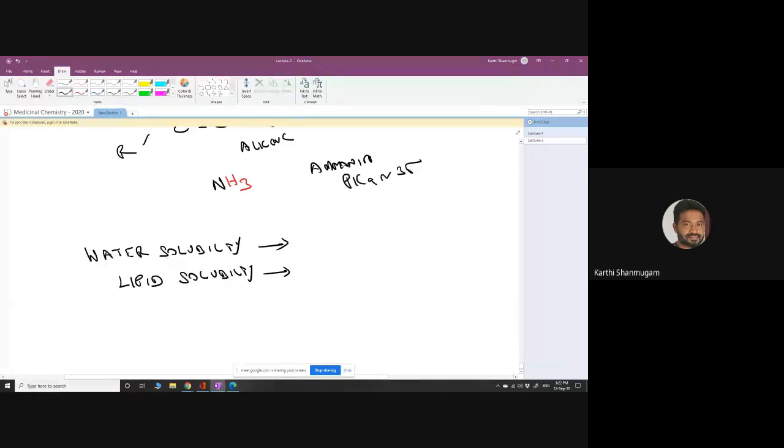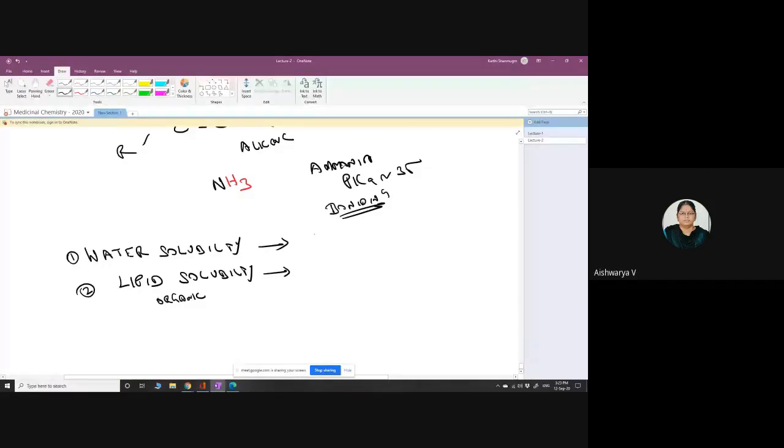We discussed different types of molecular bonding, intermolecular bonding. In that lecture, I mentioned which interaction is important for water solubility and which is important for the lipid or organic solvent.